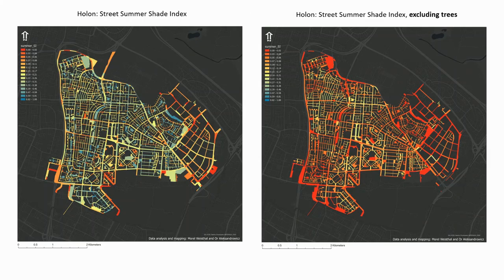One more thing that is important to stress here is that by comparing the tree and treeless shade maps, you can not just see where shade is missing, but actually where shade is very much dependent on the existing tree canopy layer and the existing tree inventory that you have.